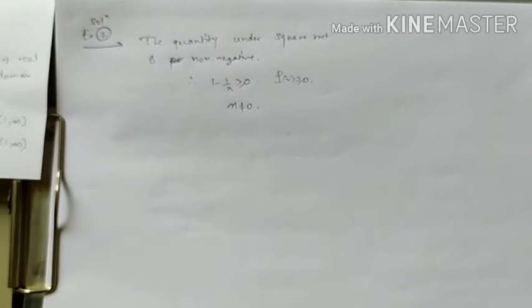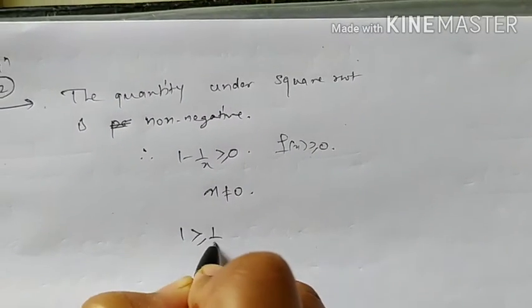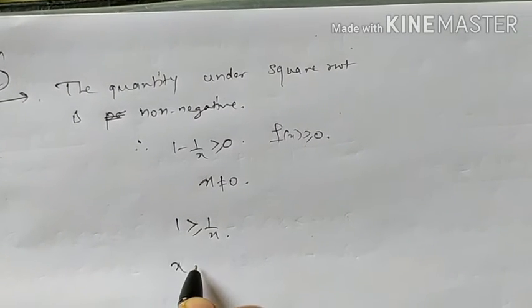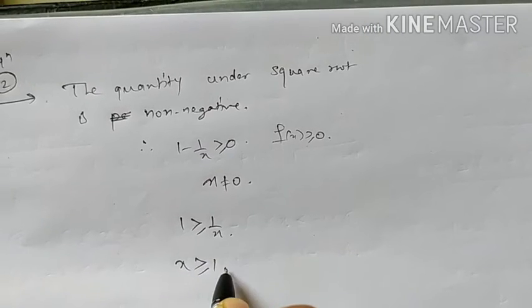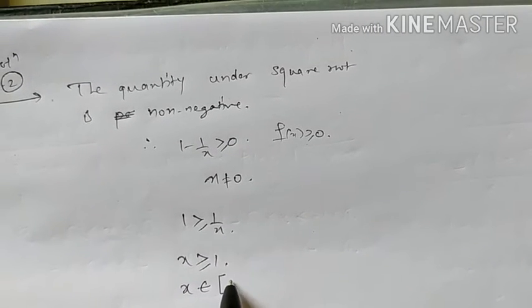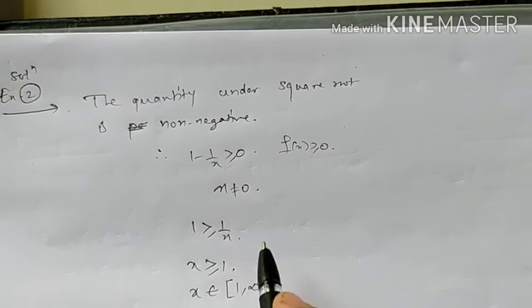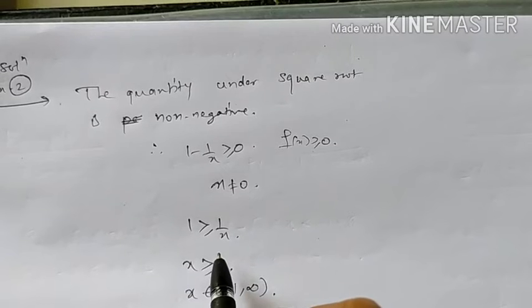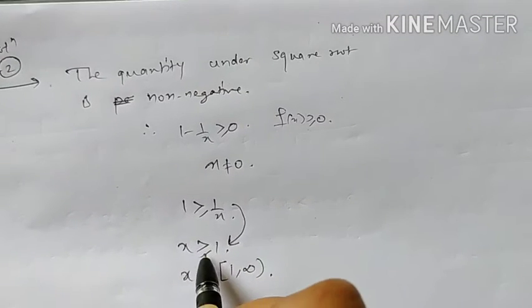Getting? So we have 1 is greater than or equal to 1 by x. If we cross multiply this, we have x is greater than or equal to 1. So x belongs to closed bracket 1 to infinity. And if we take the reciprocal, then also we get this only.